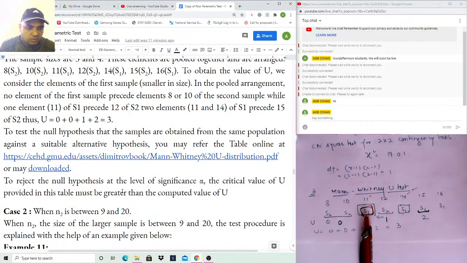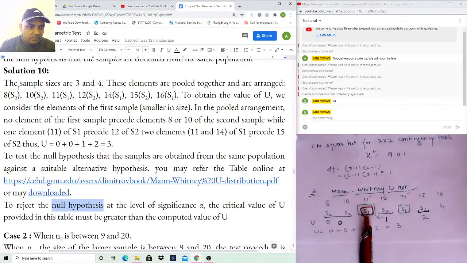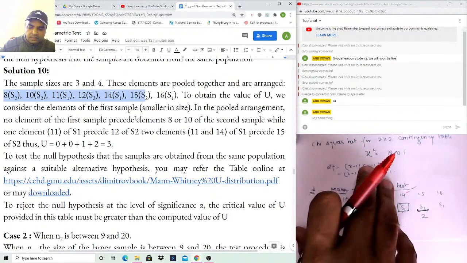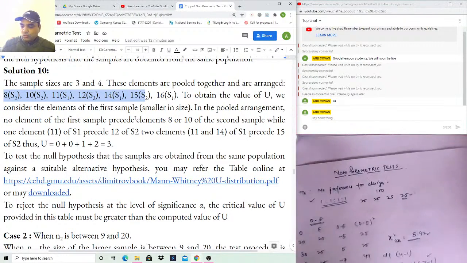Because our table value is lesser than this value, we will be retaining our null hypothesis. So we can say that these two samples are from the same population, right? This is how we can apply the Mann-Whitney U test.